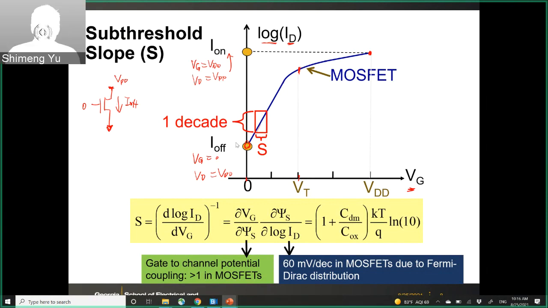Of course, this I-off can be very small because this is in the log scale, but it's not negligible. And this is the reason for the leakage standby power of your system. For example, your phone, right, you are not running any app in the sleep mode, but your battery is still being drained. Why is that?